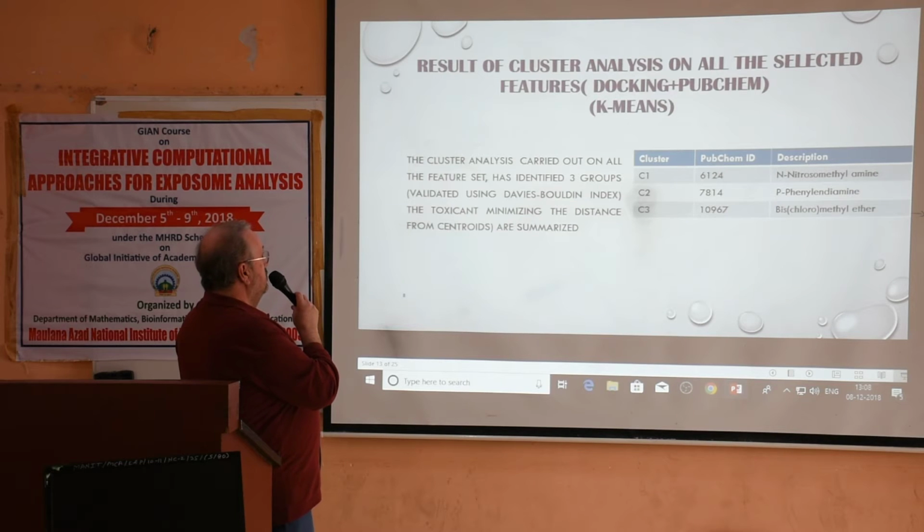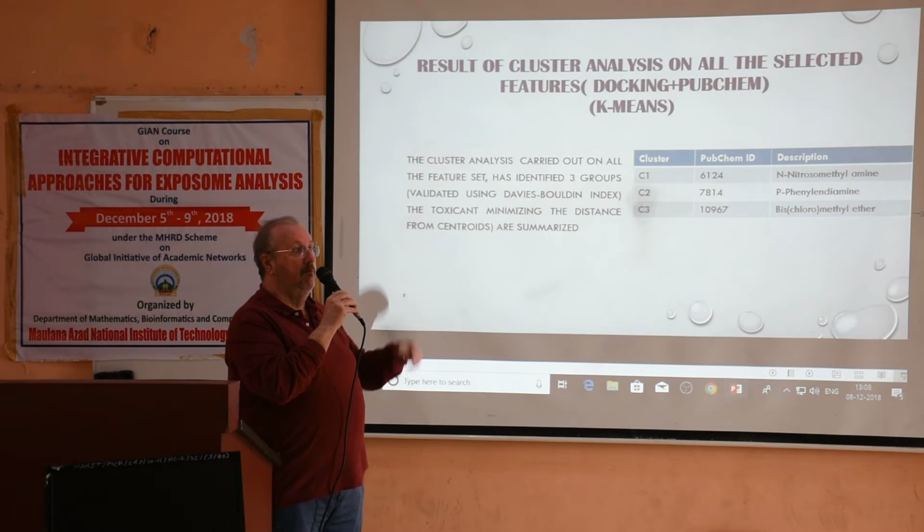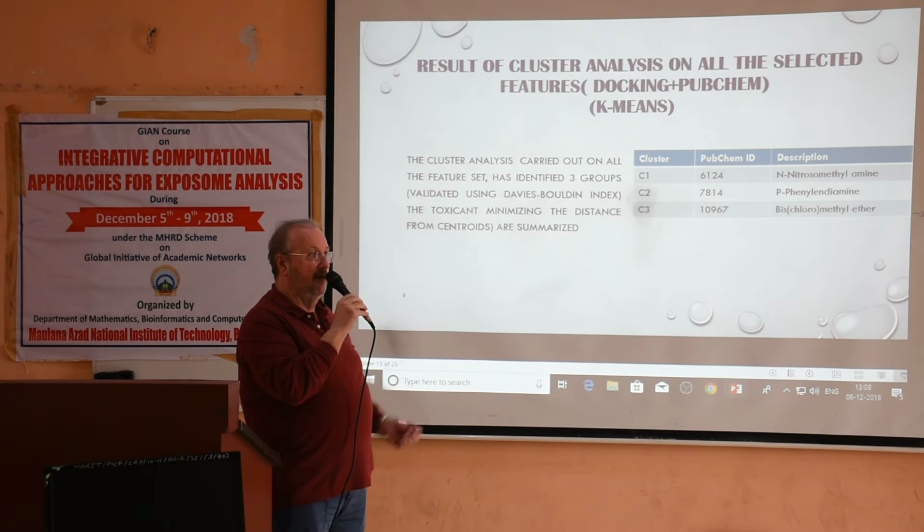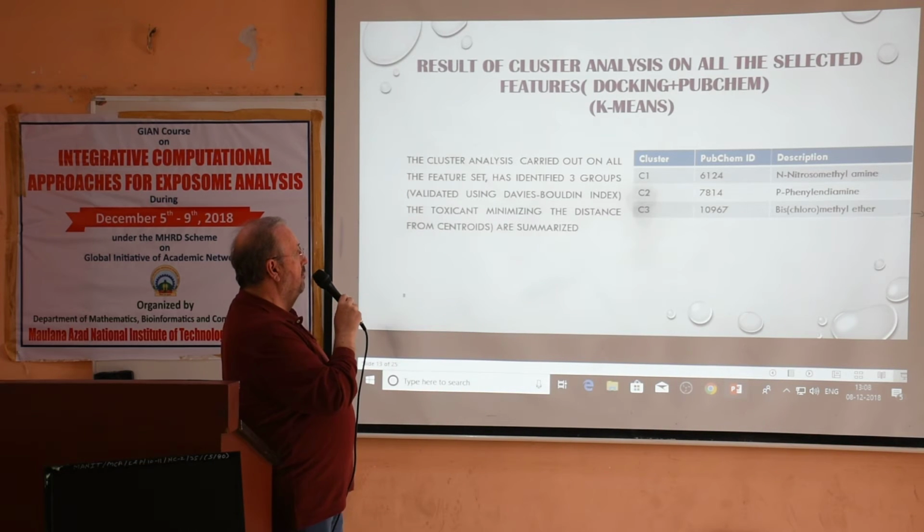In this case we have used all these features, and in the first class we can find N-nitrosomethylamine as a pivotal element of the cluster. In class 2 is p-phenylenediamine, and C3 is bis-chloromethyl ether.